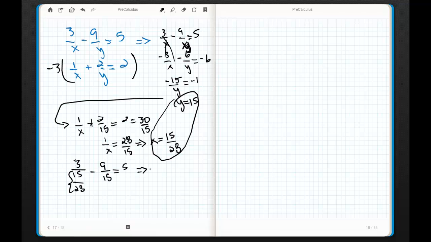All right? So here we go. 3 times 28 15ths turns into what? 84 15ths? 84 15ths minus 9 15ths, last I checked, was equal to 75 15ths, which equals 5. Checkaroo, just like in Algebra 1. It's just that we're dealing with uglier looking things.